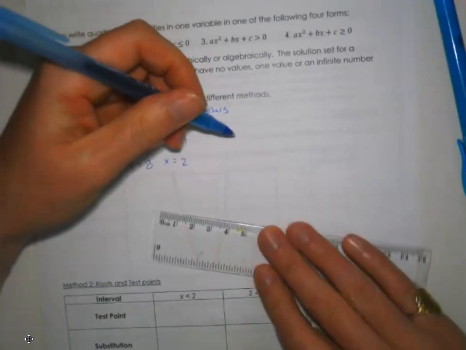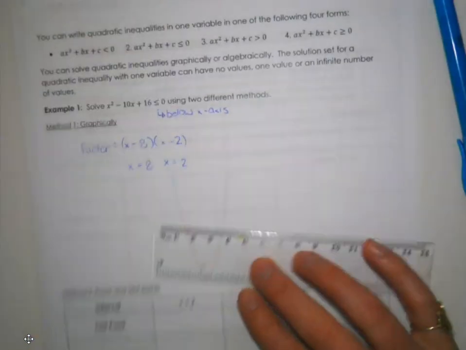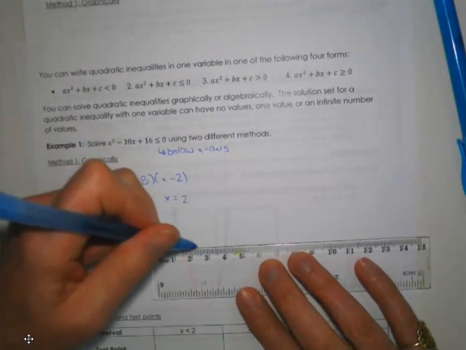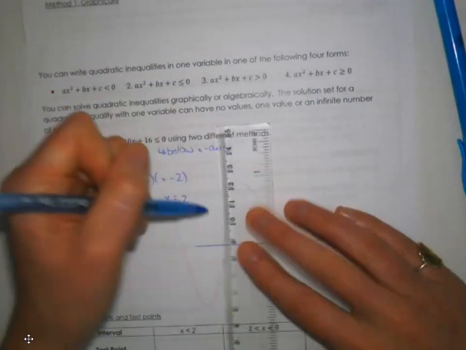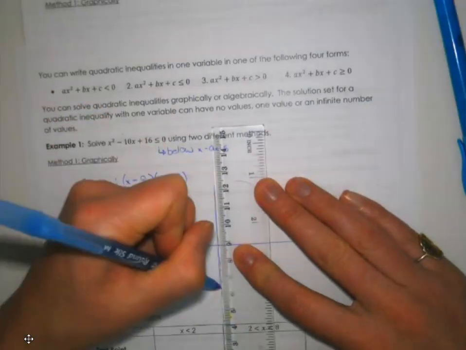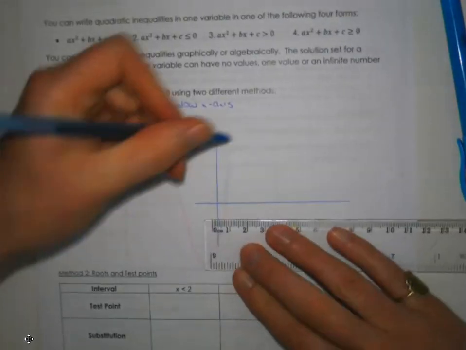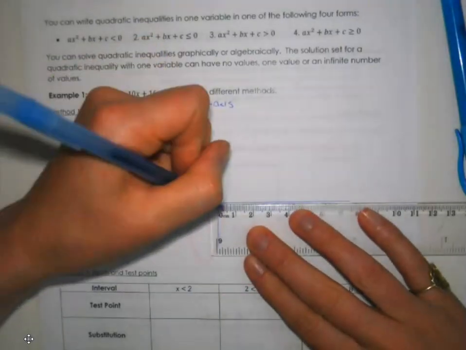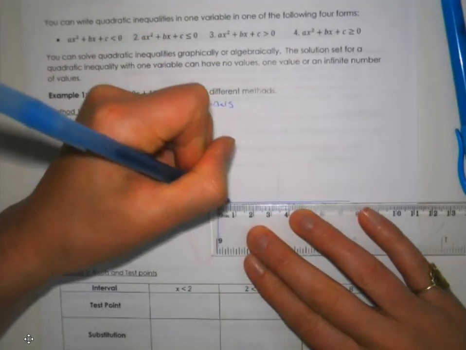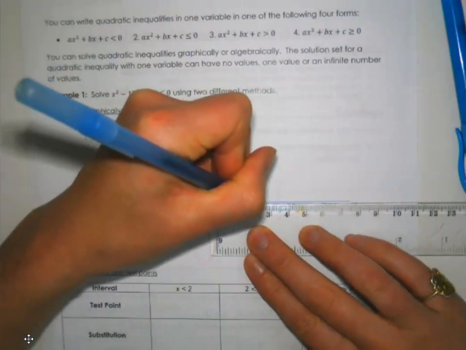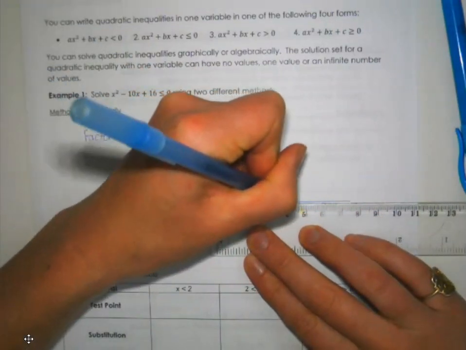So now if we were to graph this out, we know we're going to be looking at positive values, so I'm going to set my graph up to represent that. And then I'm going to do 1, 2, so we're going to have one at 2, 3, 4, 5, 6, 7, 8, and another at 8.